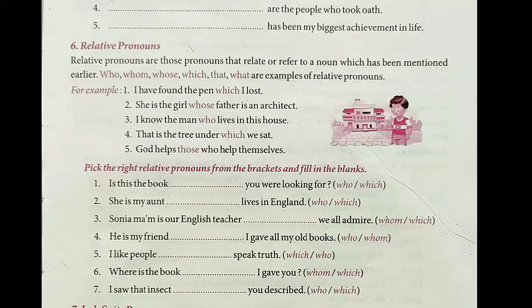Here I is the subject, the main pronoun, a personal pronoun. Pen is the noun, the object. So I have found the pen which I lost, the same pen that I lost. So it is a relation.